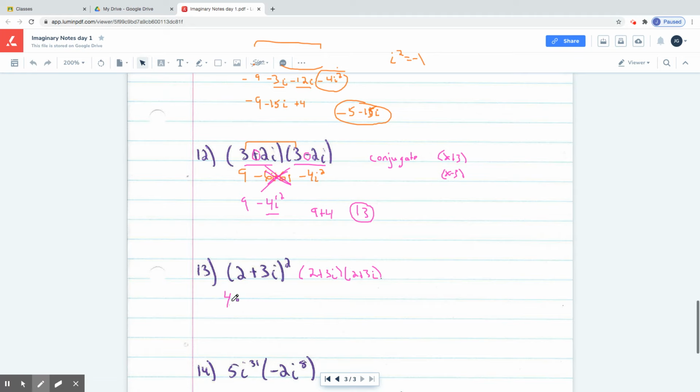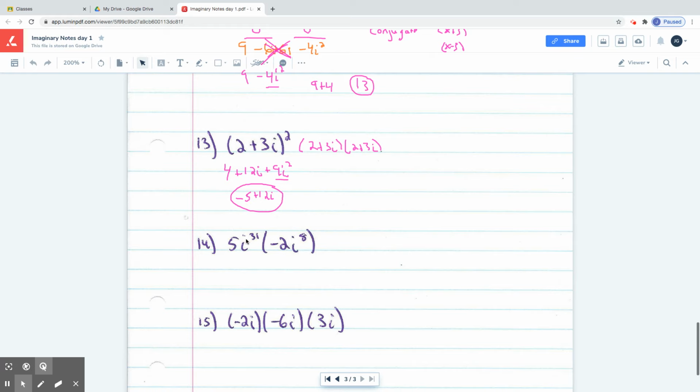So it ends up being 4 plus 6i and then 6i, which is 12i, plus 9i squared. 9i squared is really negative 9. Negative 9 and 4 is negative 5 plus 12i. Remember, you have to write it in standard form. So you get negative 5 plus 12i.